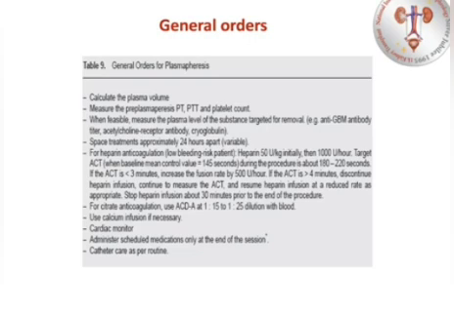If the ACT is 4 minutes or more, discontinue the heparin infusion, continue to measure the ACT, and resume the heparin infusion at a reduced rate as appropriate. And stop the heparin infusion about 30 minutes prior to the end of the procedure so you can end the procedure safely.